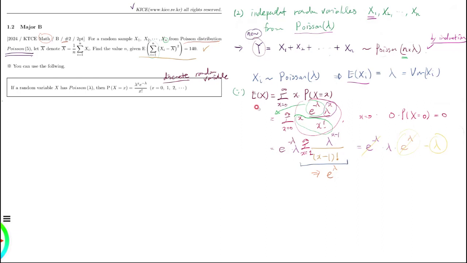and to figure out its variance here, first you need to calculate mean for the random variable x times x minus 1.